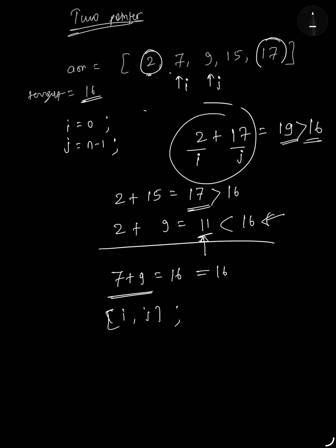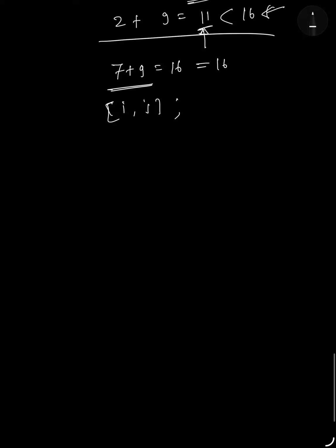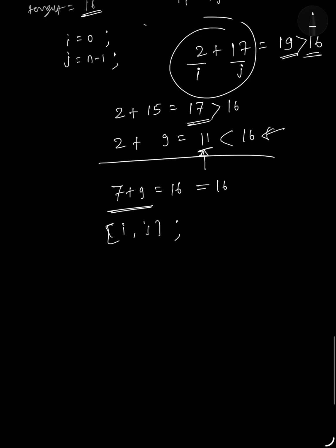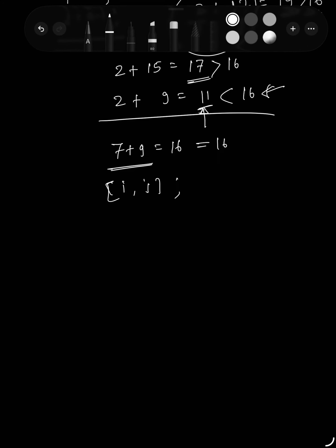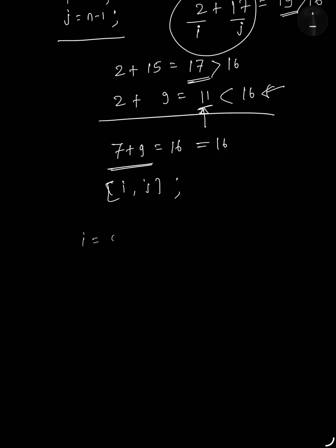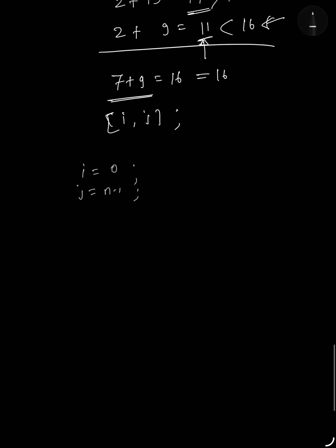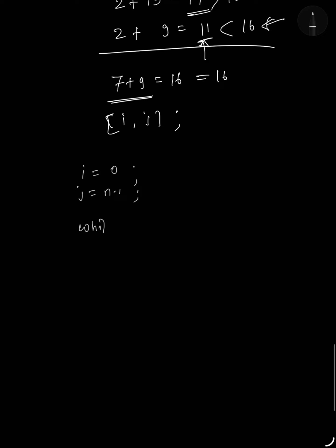So if we think about how to apply this logic, we can simply have i and j defined here, right? i is going to be the 0th position and j is going to be the n minus 1th position. We can run a loop where we say while i is less than j, because we cannot go beyond.